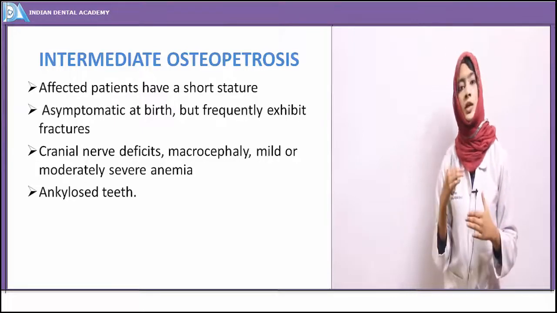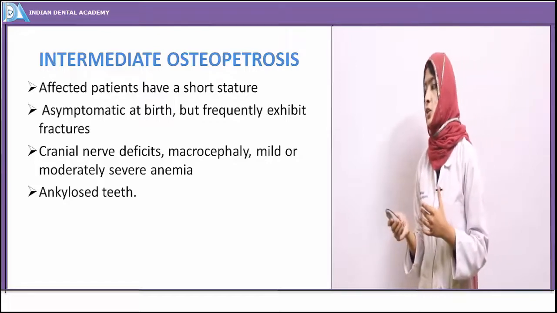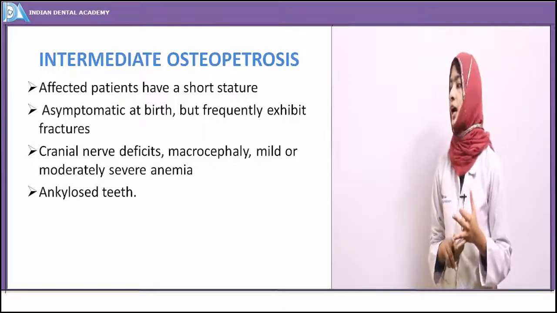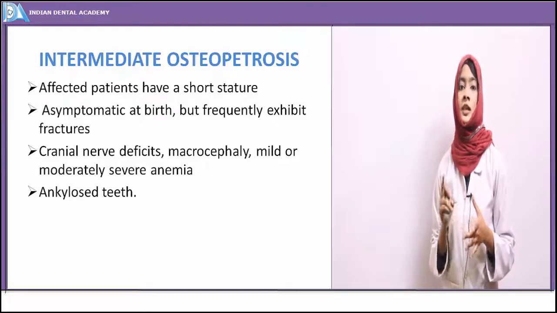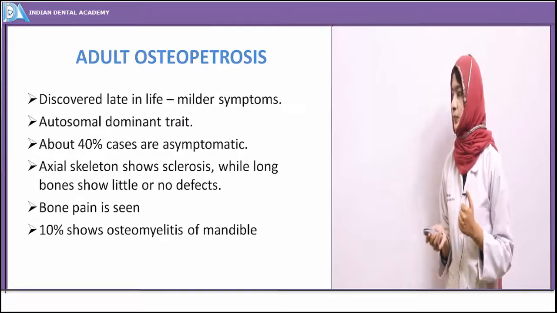Here also you can see cranial nerve defects, macrocephaly, anemia, and ankylosed teeth or impacted teeth may be seen.